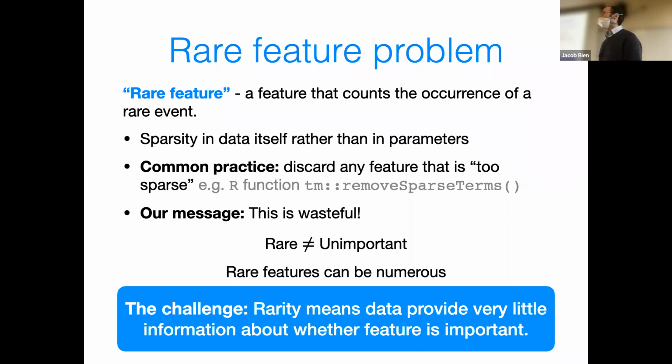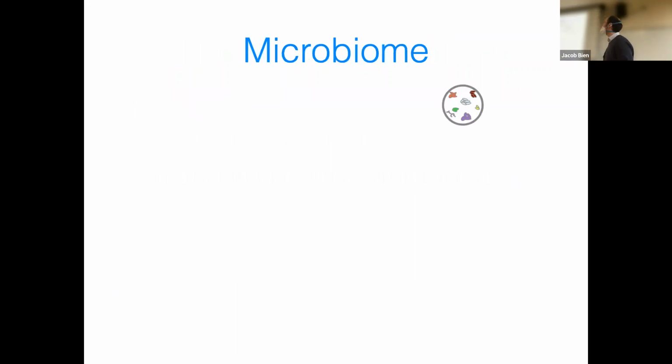And just to point out that this is not just a text problem. I mean, it's a ubiquitous problem. Another example is microbiome data. And just a very brief description: microbes are everywhere. And it's an exciting area because it's thought that they're also very relevant either to human health or to any environment.